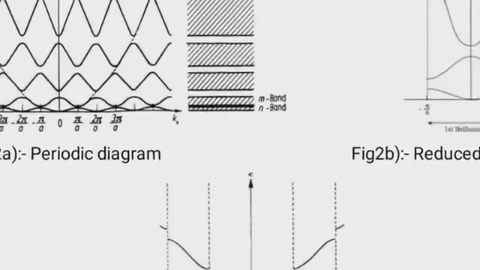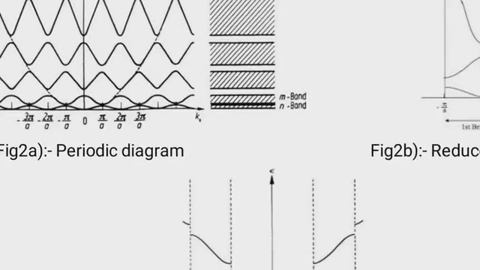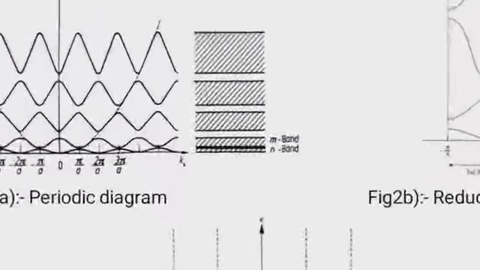If we see the boundary between minus pi by a and pi by a, with 0 as the middle point, this first boundary is called the border of the first Brillouin zone, the first B zone.